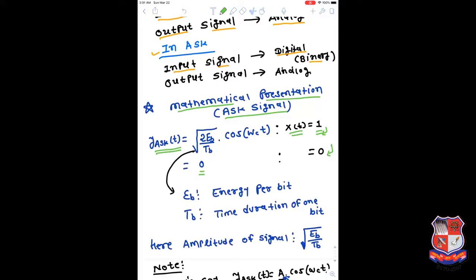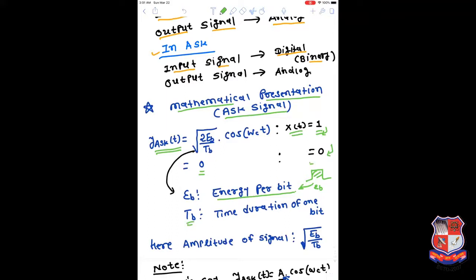Now in this equation, EB is the energy per bit. So if your 1 can be represented by some pulse, whatever energy is consumed by that pulse is known as EB. So EB defines the energy of a pulse, and TB defines the time duration of the pulse.